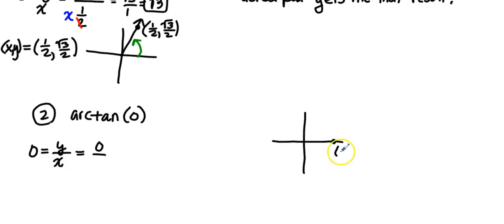So I've got, this is y divided by x. So the question is, do I put a 1 or a negative 1 right there? Let's see. So 1 comma 0 is right here.